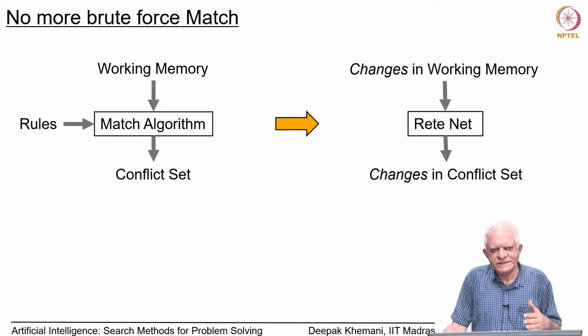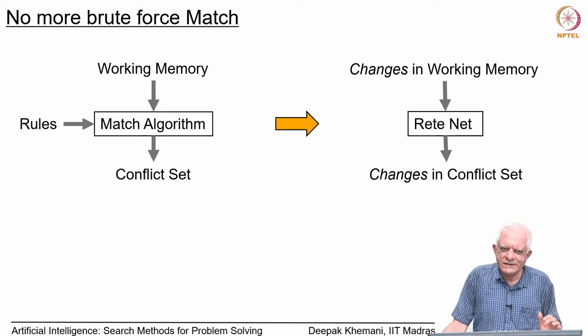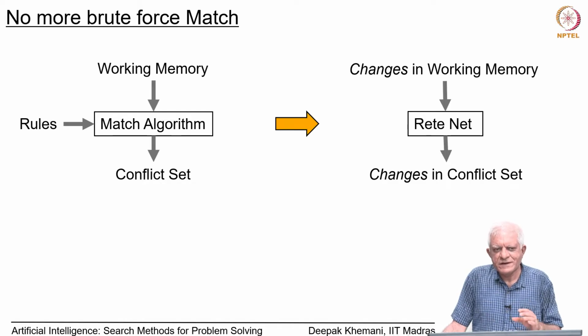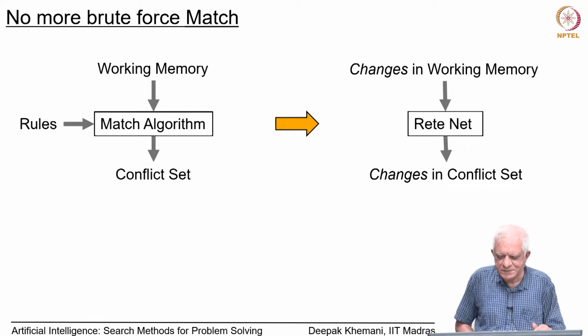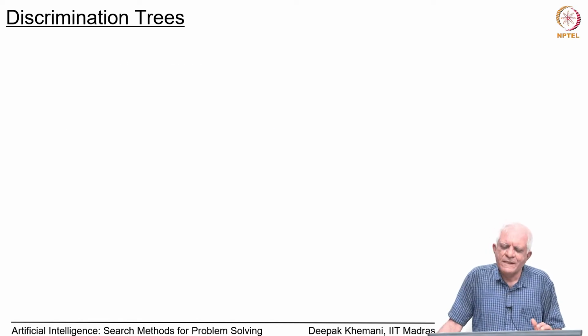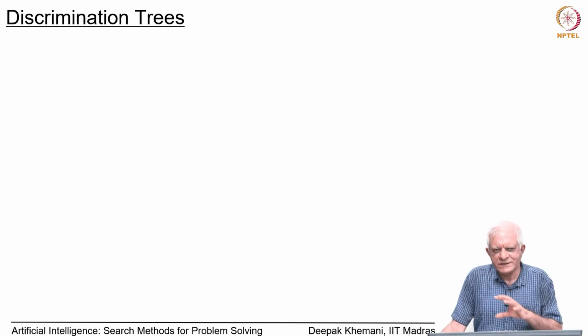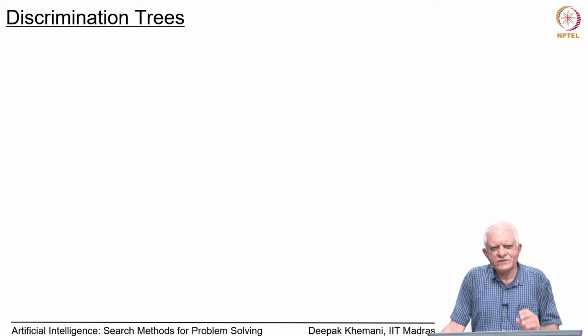It will serve as changes, because the first time you are adding the entire data, it is changing the data, but subsequently all the data that you have entered earlier will remain inside the system, and only the new data that you create will be added to the system. So, this new data that you add to the system, which is the Rete network, needs to go and find which rules it matches.